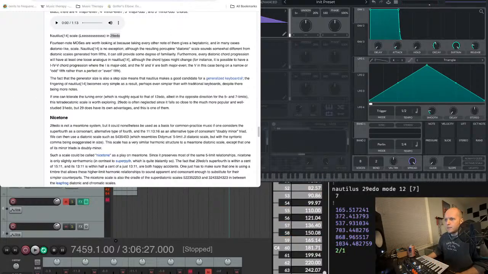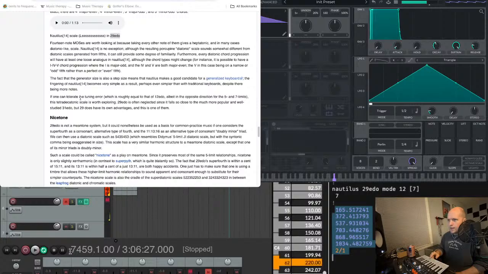And if you see next to my camera, I have Surge loaded up too. It's not actually creating any sound, but I'm routing Vital to Surge so that you can see the interval cent sizes of every note that I'm playing.